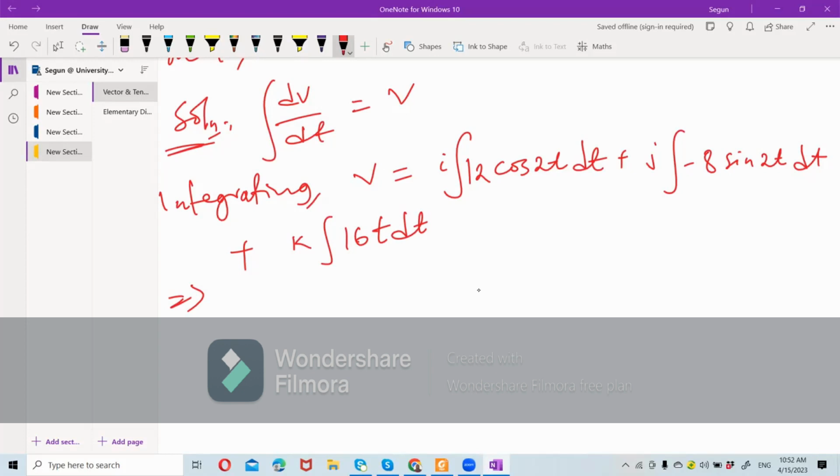So you have to be careful and smart. Our function of t is the one our target is. So how do we integrate it? For the i component, what do we have? Anybody?